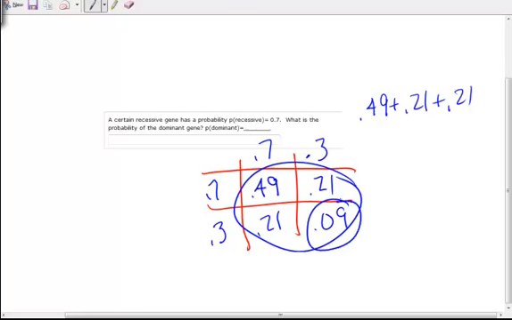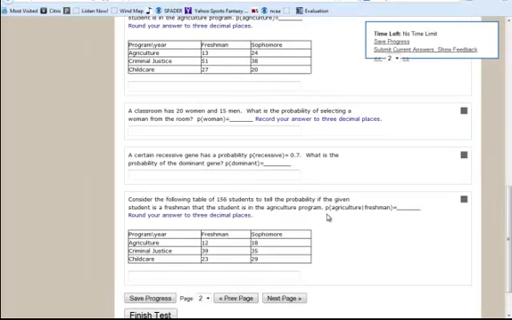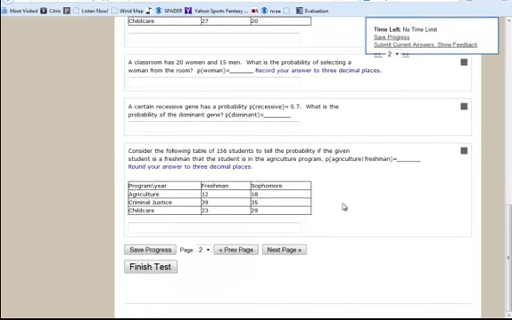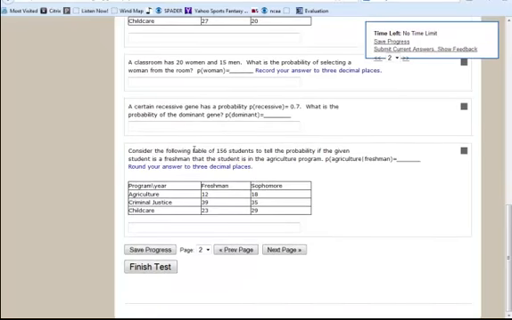The only way that you could get the recessive one is down here in this corner. Now, all they want, though, is the probability of the dominant gene in this case. You don't have to figure out all the math for it. Next one.